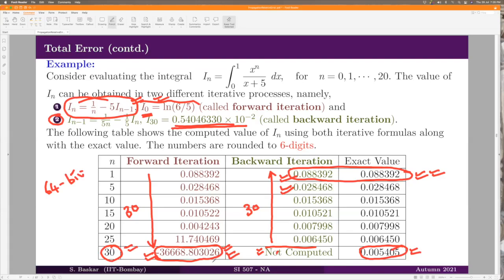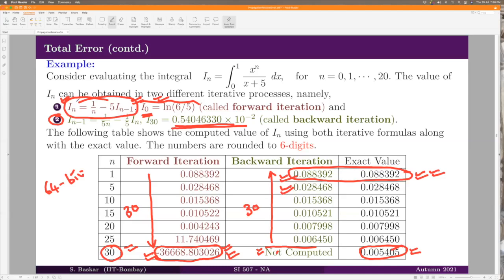So therefore, you have to be aware of this rounding error, which we call arithmetic error. Arithmetic errors propagate quite dangerously if we use formulas which are very sensitive to these errors, like the one which you used here, the forward iteration. Mathematically, the forward iteration formula and the backward iteration formula are both equivalent.